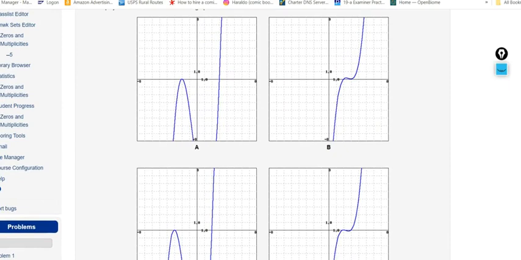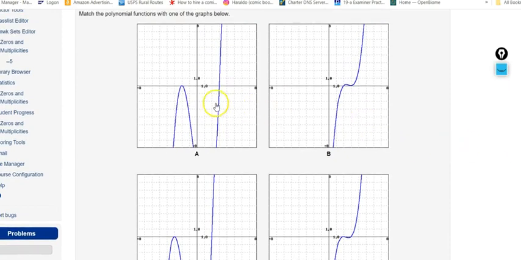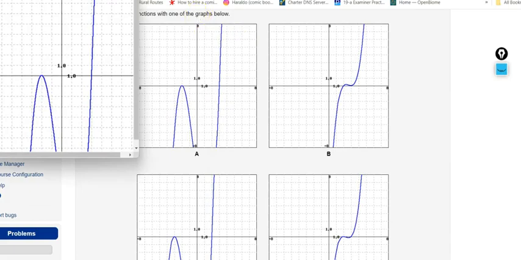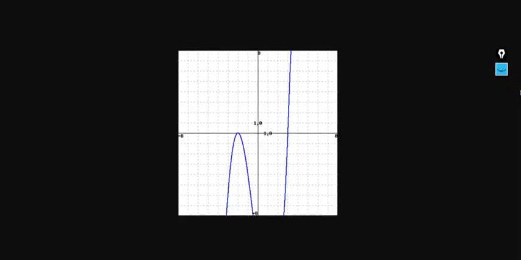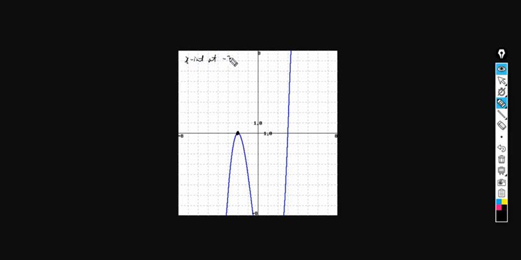So if we look at something like this one, it wants to know what a possible formula is. So you can see here, you have an x-intercept at -2. And so -2 is a 0.